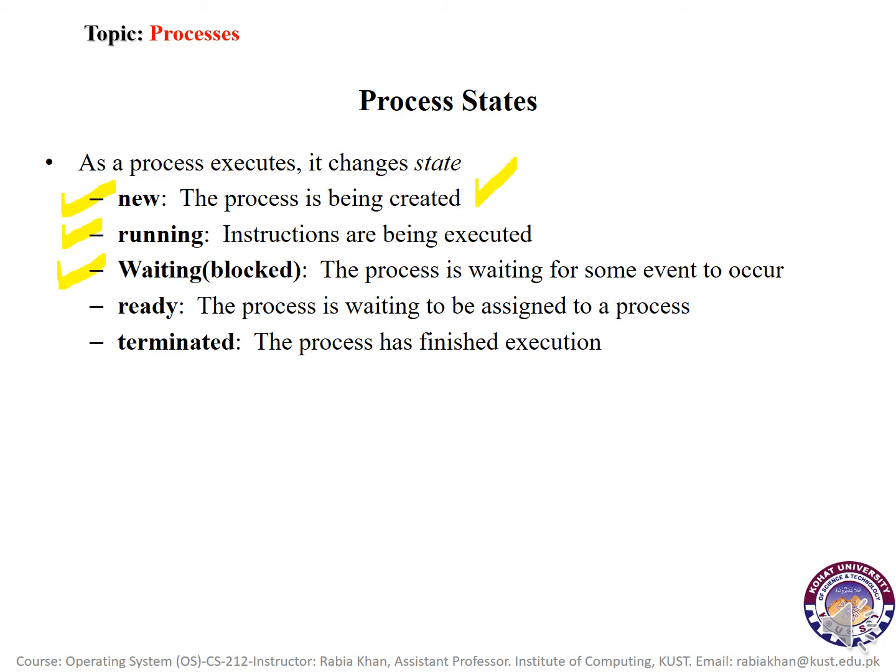So it will have to wait for the user to respond. That state is known as the waiting state, or we can also call it the blocked state. Here, the process is waiting for some event, such as requiring the user to give it some input. When you give input, it starts executing again on the CPU. So from running, its state is changed to blocked or wait state.